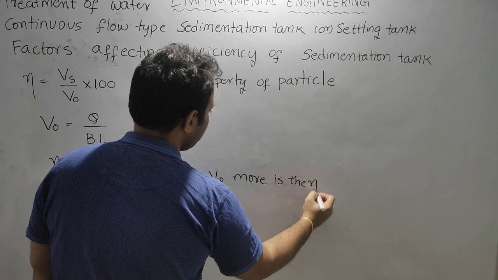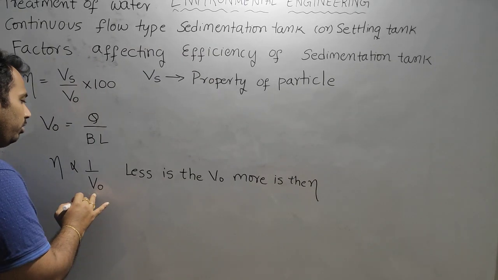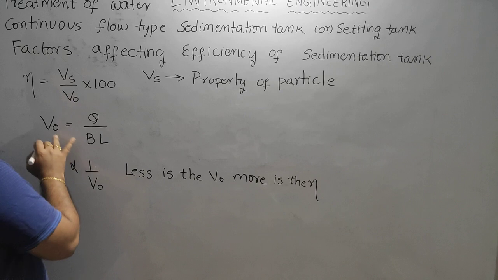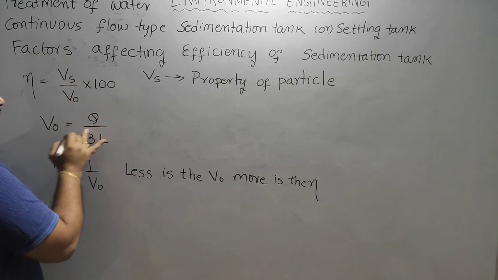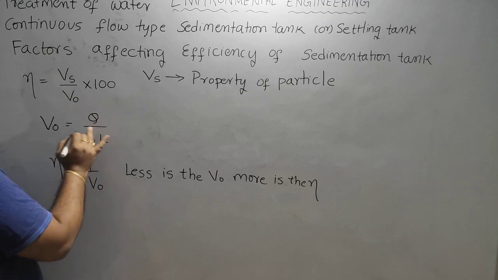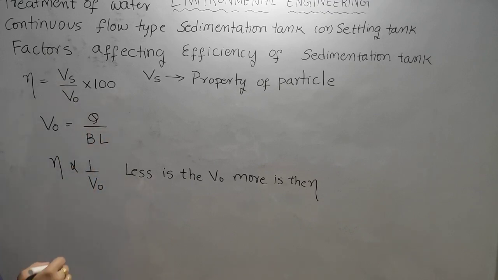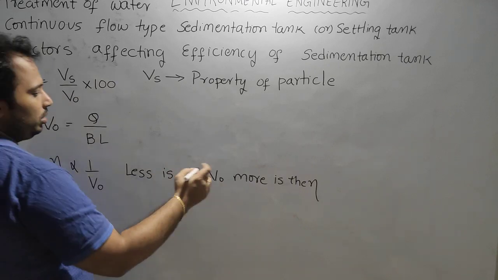So, how to reduce the velocity V naught? V naught is inversely proportional to BL. If you increase BL, then V naught will reduce, and the less the V naught, the more the efficiency.